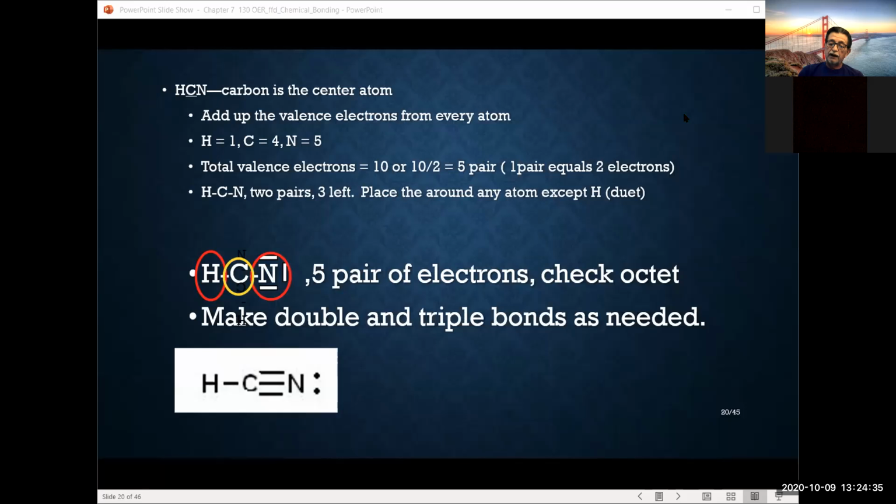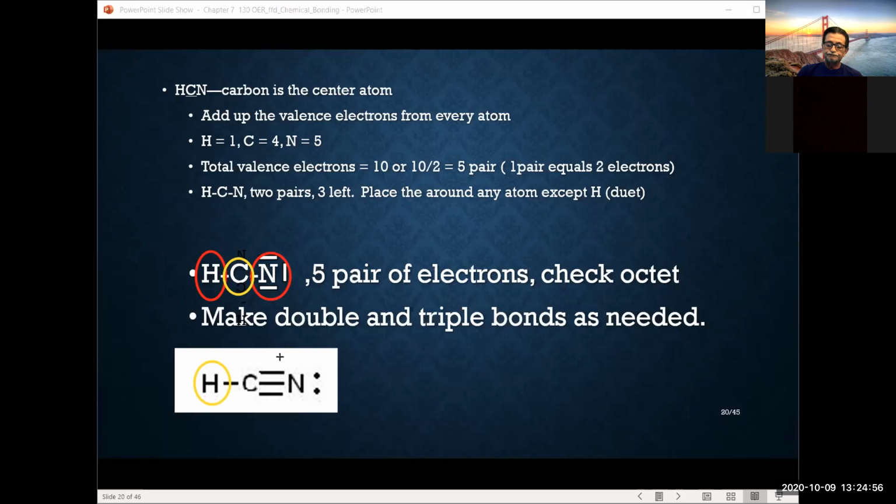By doing that, I create a triple bond between the carbon and the nitrogen. Then I go back and check the octet to make sure that everybody's happy. Again, hydrogen's okay, no problem with hydrogen. It shares that electron there.